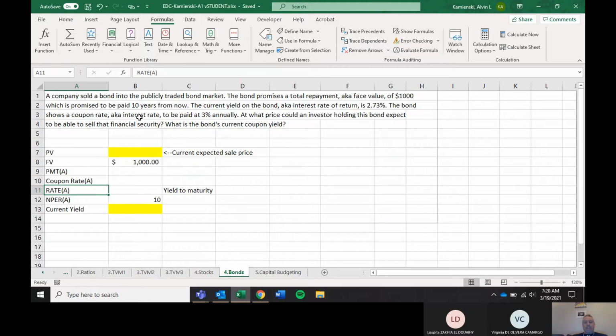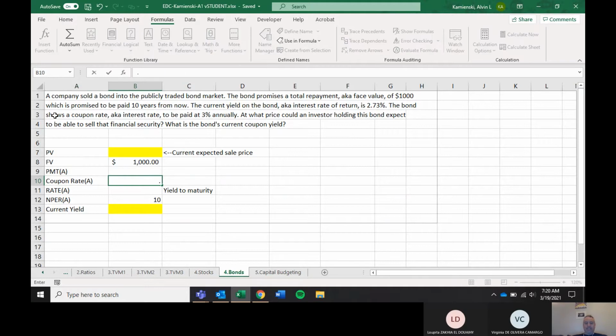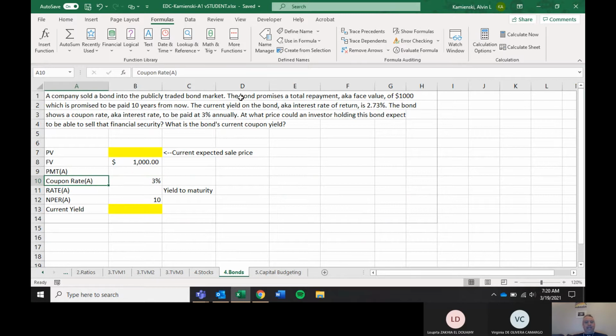Next, why do you buy a bond? Because a bond generally promises to pay you interest. Bonds call that interest a coupon rate. And so in this case, you are promised that you will get paid 3% on an annual basis.